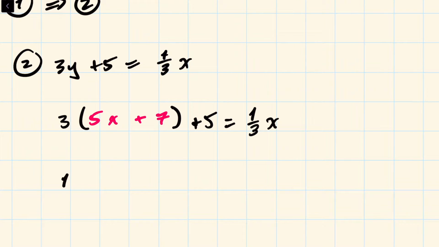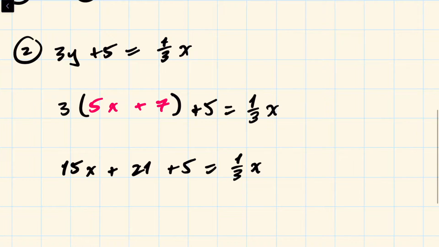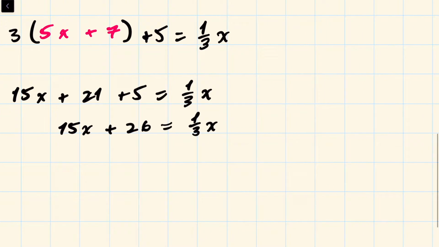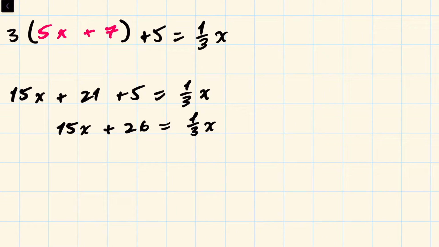So let's expand this and solve for x. This is going to become 15x plus 21 plus 5 equals a third of x. This 21 and this 5, you can collect those terms, so 15x plus 26 equals a third of x. Let's move this x term to the other side.